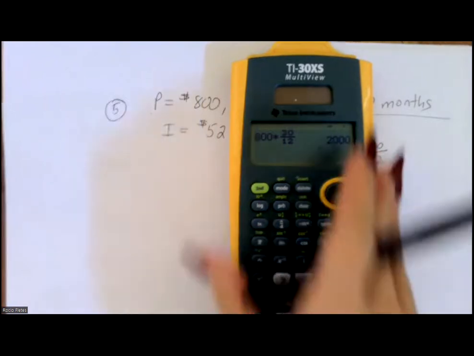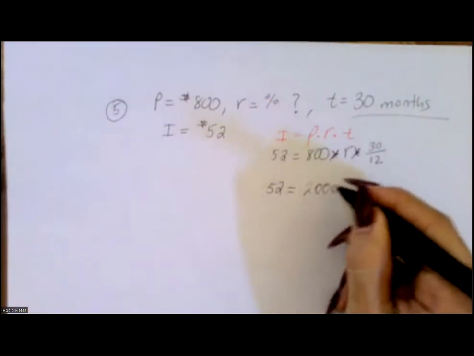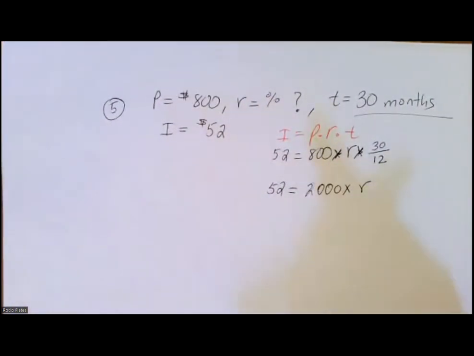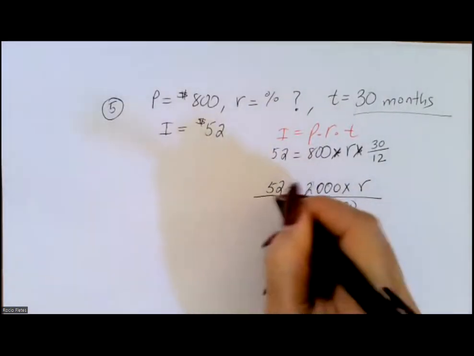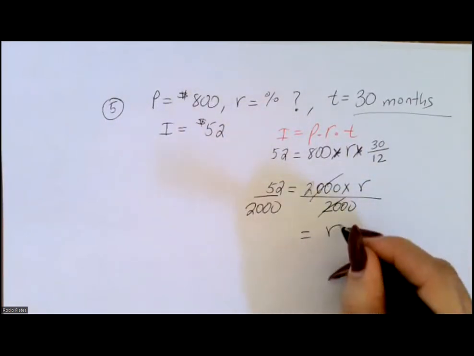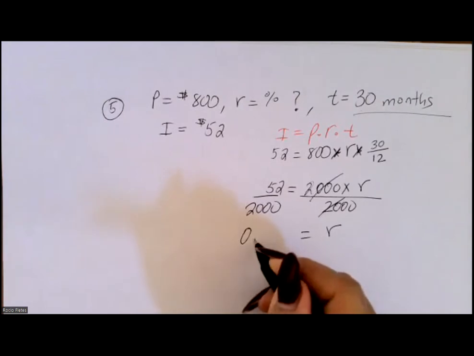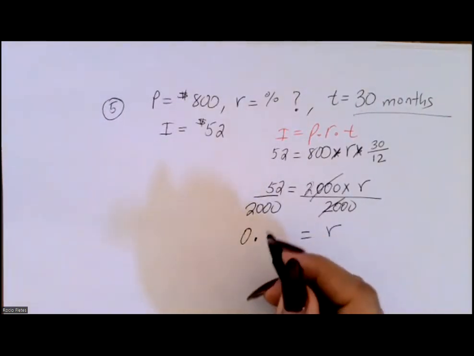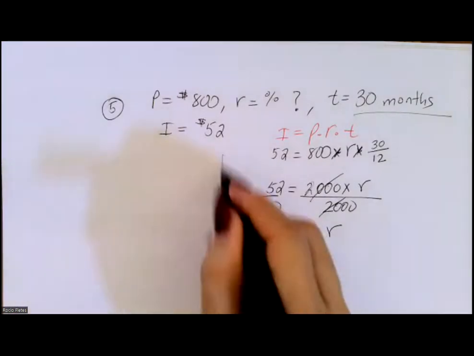And we get 2,000 times R. Now to solve for R, we're going to divide both sides of the equation by 2,000, which cancels the 2,000. And so R gives me 0.026 in decimal form, but I must convert, right?